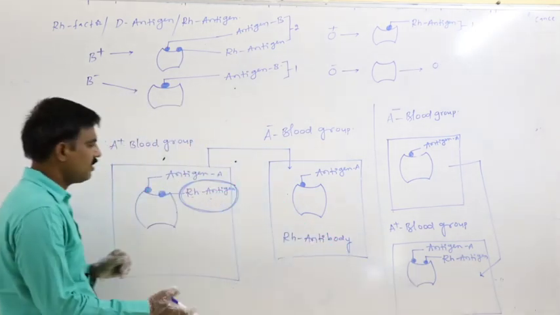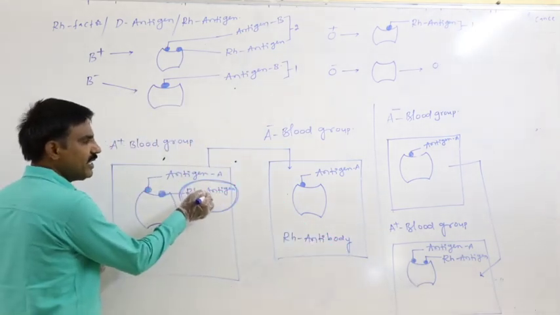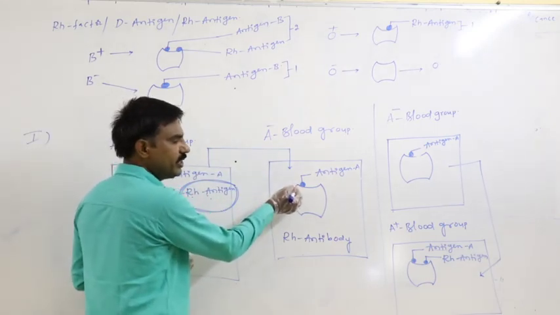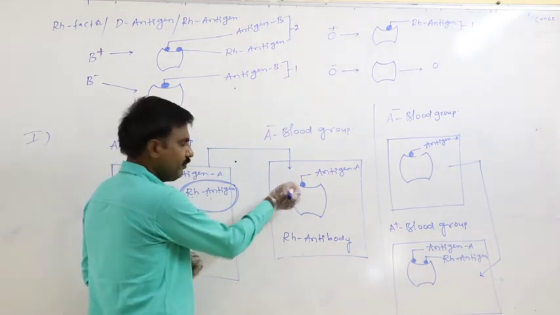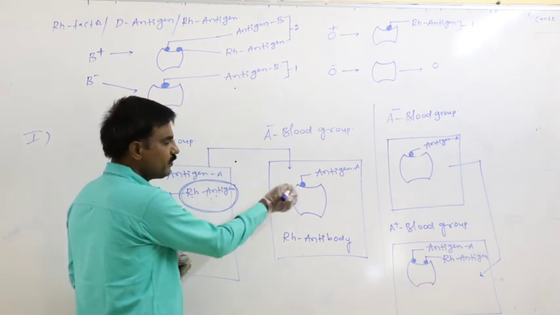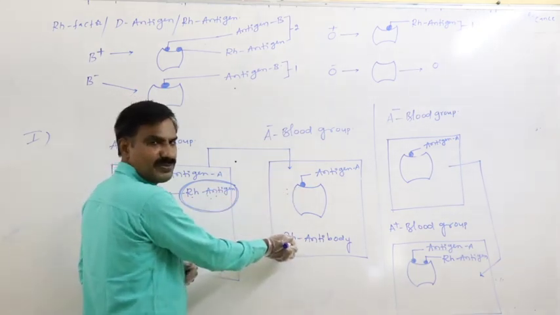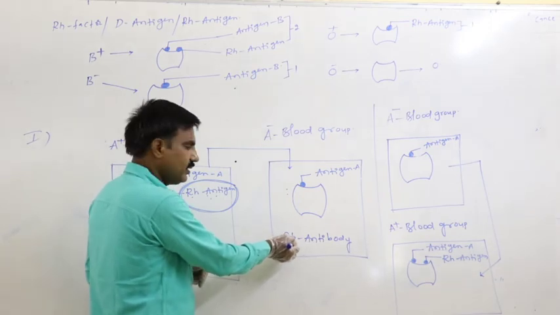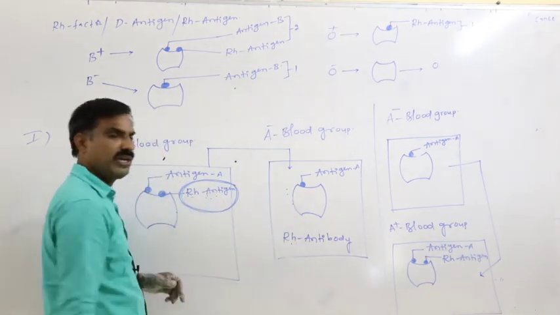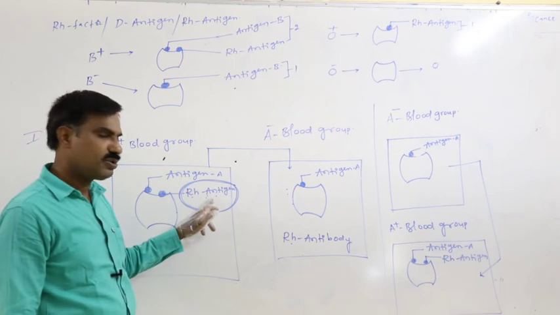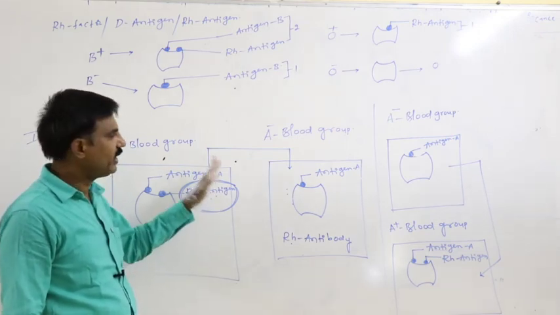But in this case, Rh antigen reaches this person's body, meaning it is a foreign particle to this person's body. So this person's immune system becomes excited and is immediately involved in the production of Rh antibodies against the foreign particle.